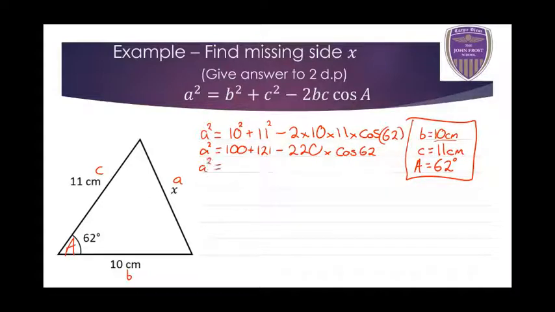Next line, 100 plus 121 is 221. 220 times cos 62 is 103.2837.